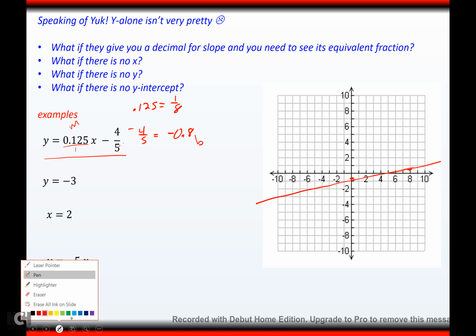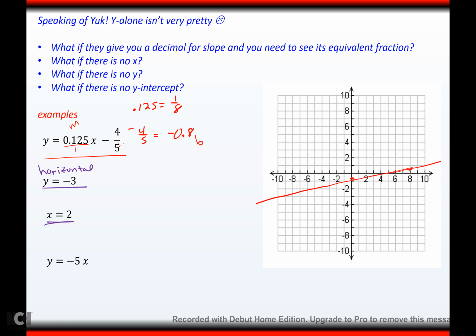Okay? When you're graphing the second one, there's no x. So what's my m and what's my b? When you have only one of the letters, when it's just y, you have a horizontal line through that number on that axis. When it's x alone, no y, that's going to be a vertical line through 2 on x.